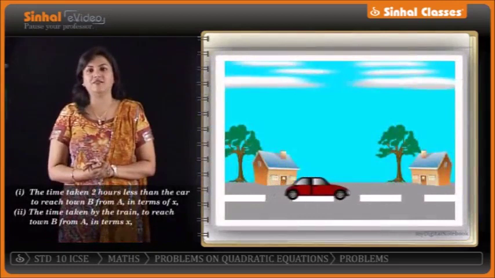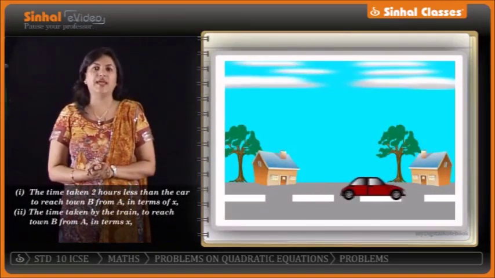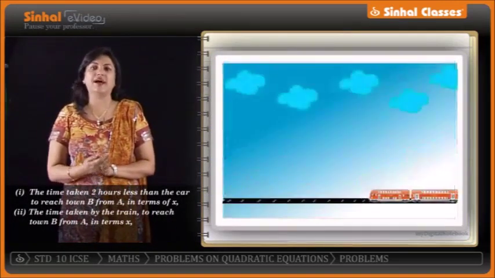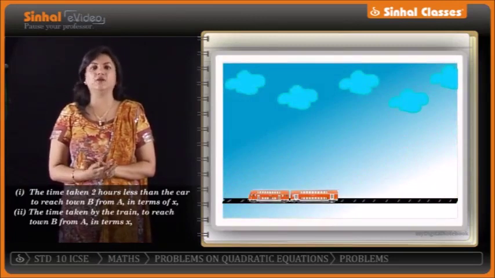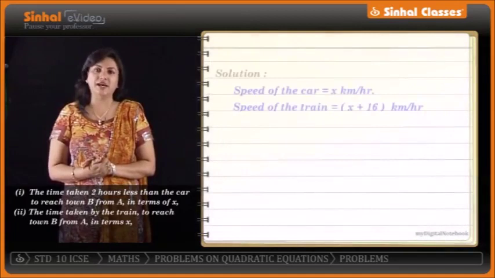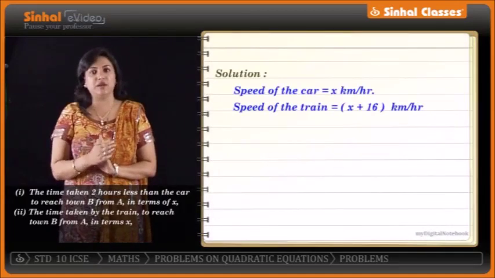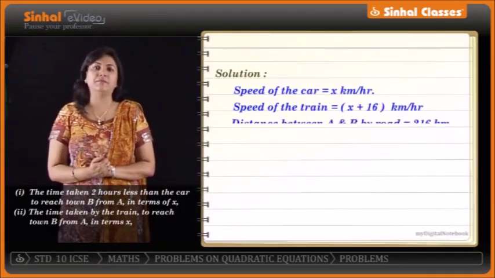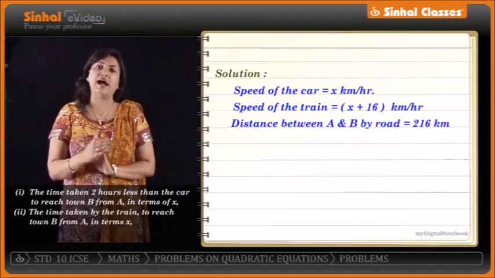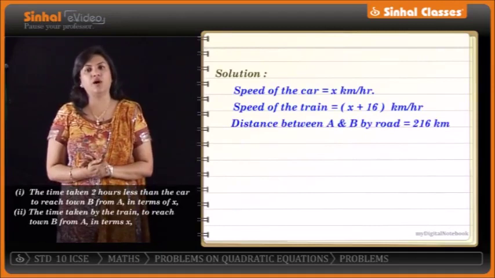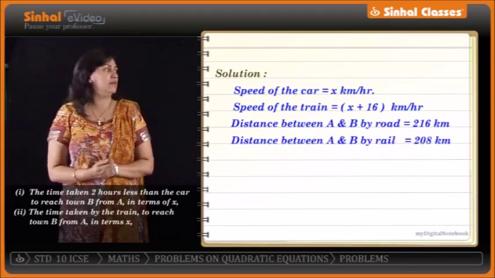Now, speed of the car is equal to x km per hour and the speed of the train will be x plus 16 km per hour. We are given that the distance between A and B by road is equal to 216 km and by rail is 208 km.